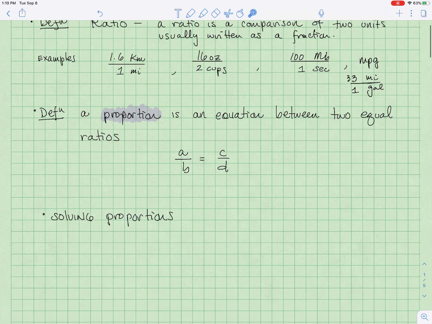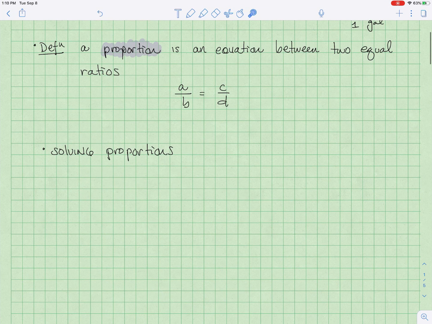Okay, so how do we solve proportions, and what are we going to do here? Well, let's go through this generically. If we have some kind of generic proportion, A over B is equal to C over D, and we want to solve for any one of these, let's just say solve for B. It doesn't matter which.